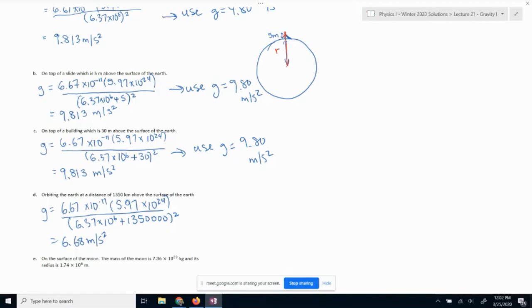We're way too far away from the surface of the Earth. When we say close to the surface of the Earth, we mean if you're on a slide, on a building, on a tree, something like that. But as soon as you're a kilometer or more away from the surface of the Earth, you can't use 9.8 anymore for g. You have to calculate it using this method.